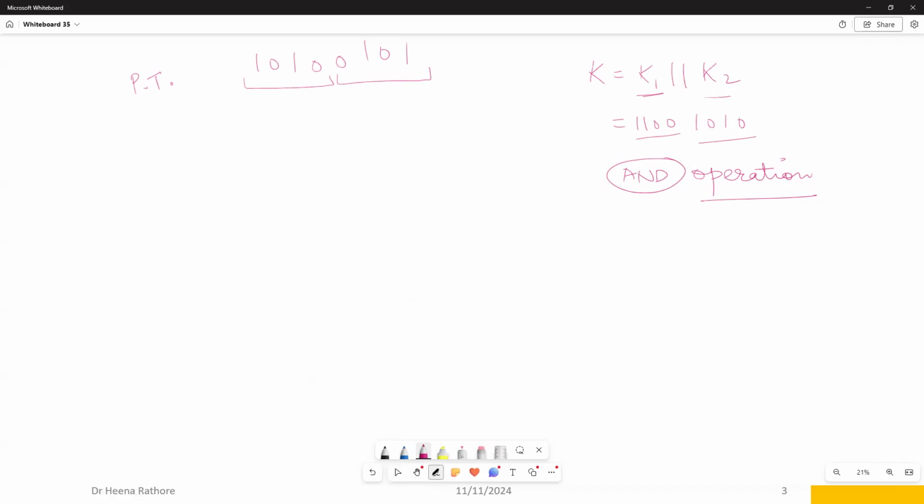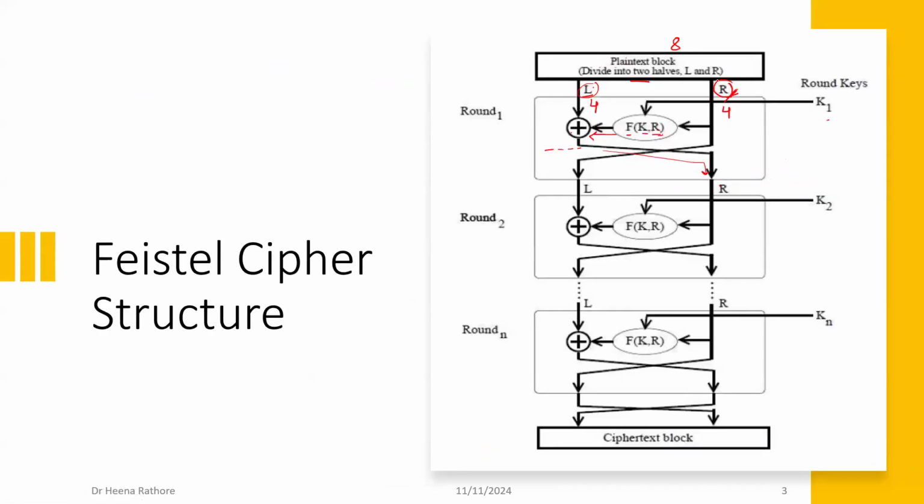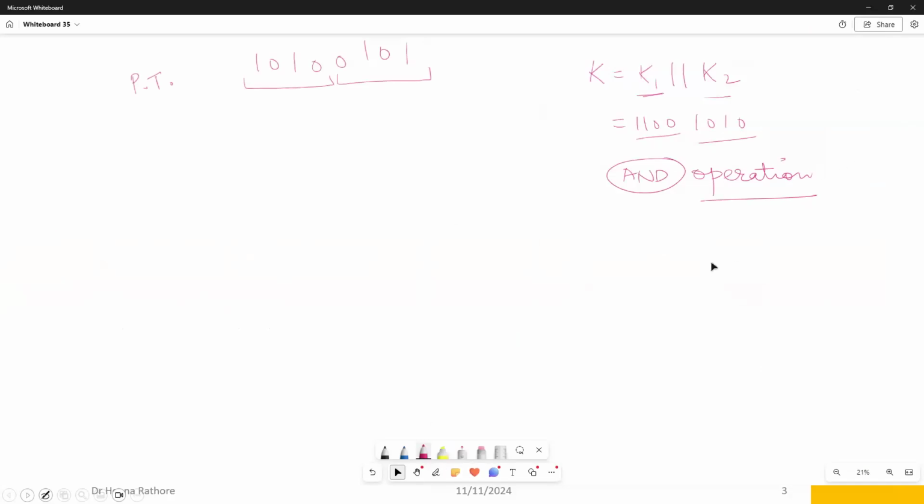Follow the diagram: take your right-hand side bits and your key, do the AND operation, XOR the result with the left-hand side, and that becomes the new round. Does it make sense? Any questions about understanding the question itself? Please solve it, because that would help you with one of your quiz questions and in your final exam as well.